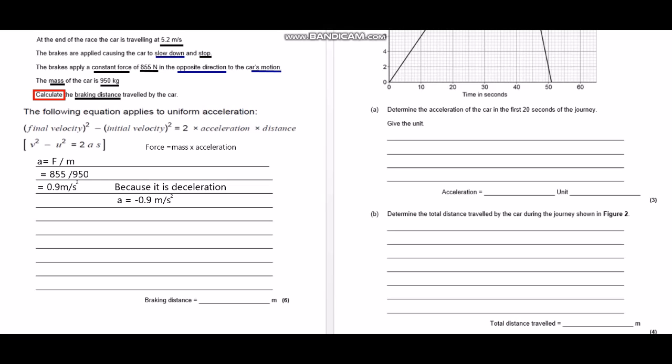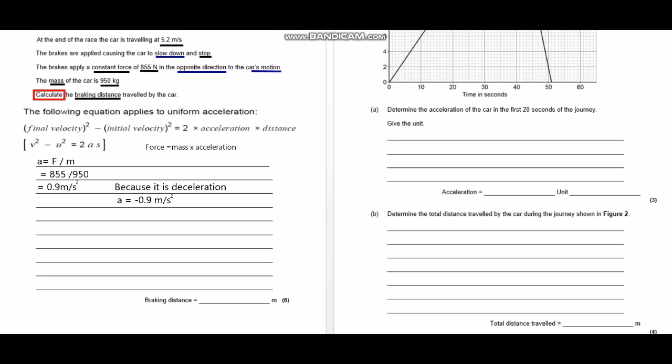Next part of the question, we want to find the braking distance. Looking at this equation, it doesn't have braking distance in it, but it does have distance. So we need to rearrange this equation to have distance, s, the subject.